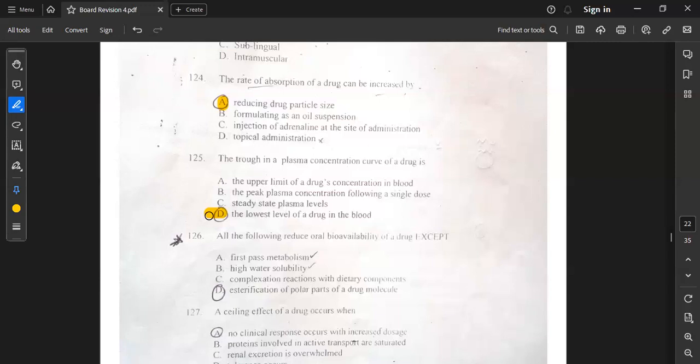Highly hydrophilic, so they find it hard to cross the lipid bilayer, and therefore there will be less absorption. This will reduce bioavailability.